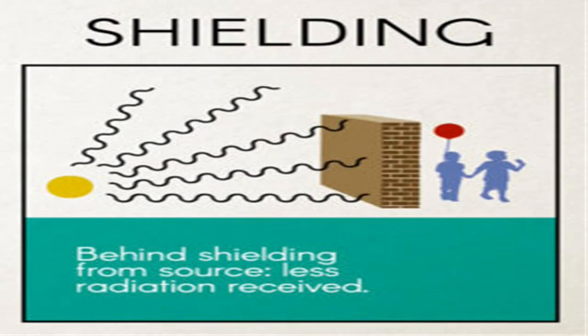And lastly, shielding. So if you're behind a shielding from a source, less radiation will be received. For example, if you have a gamma radiation source, you need a lead shielding in order to protect you. If you have an alpha source, you just need a piece of paper or plastic to shield you.